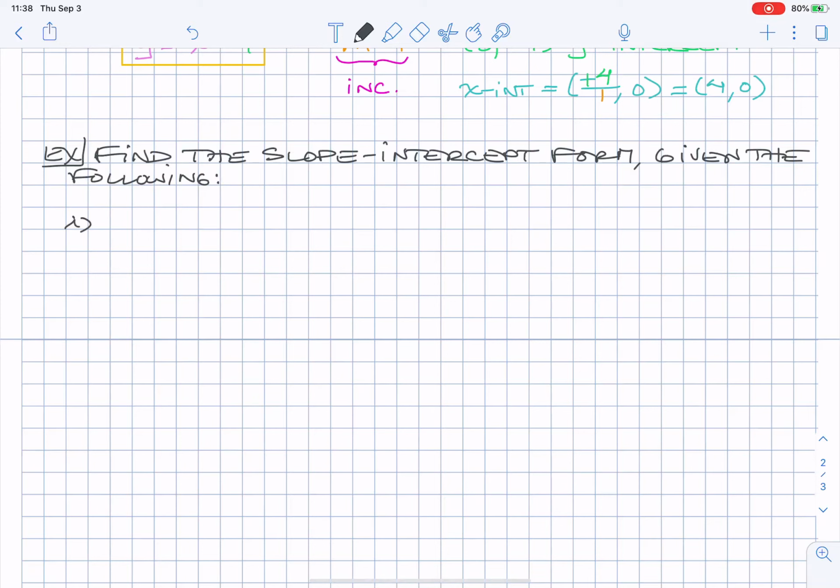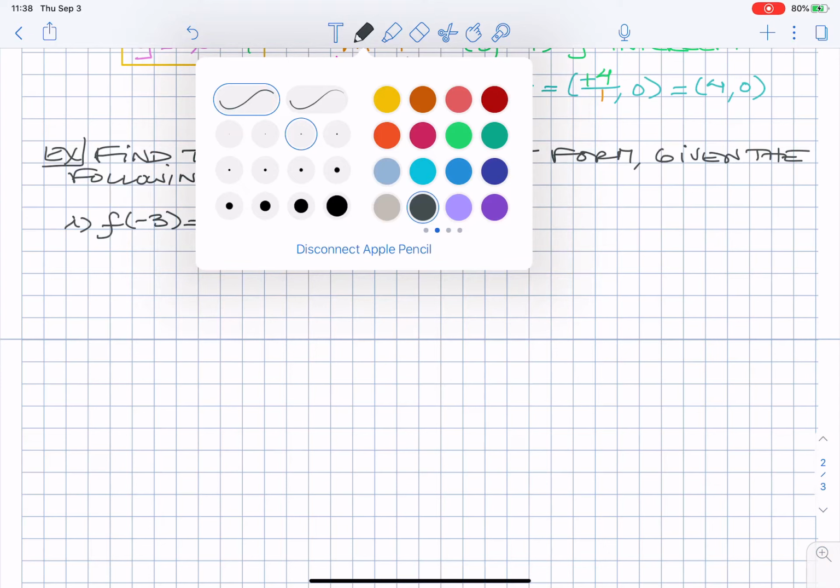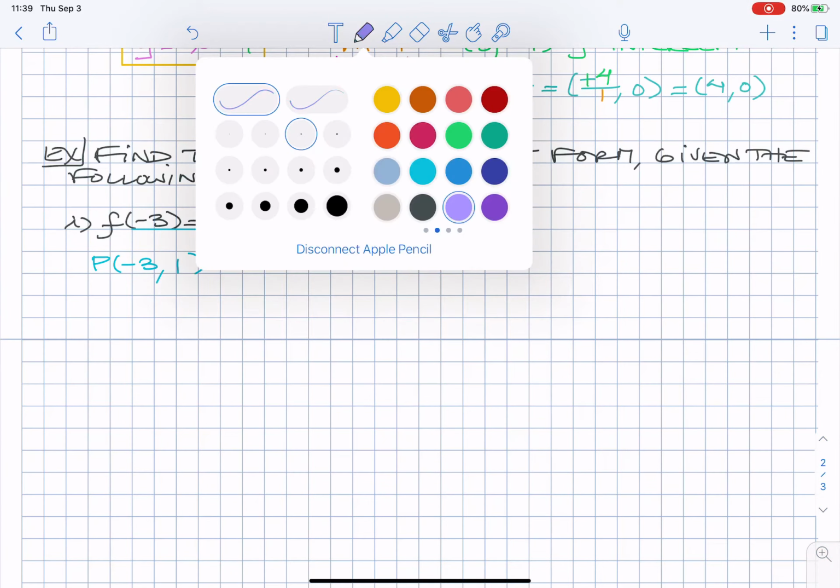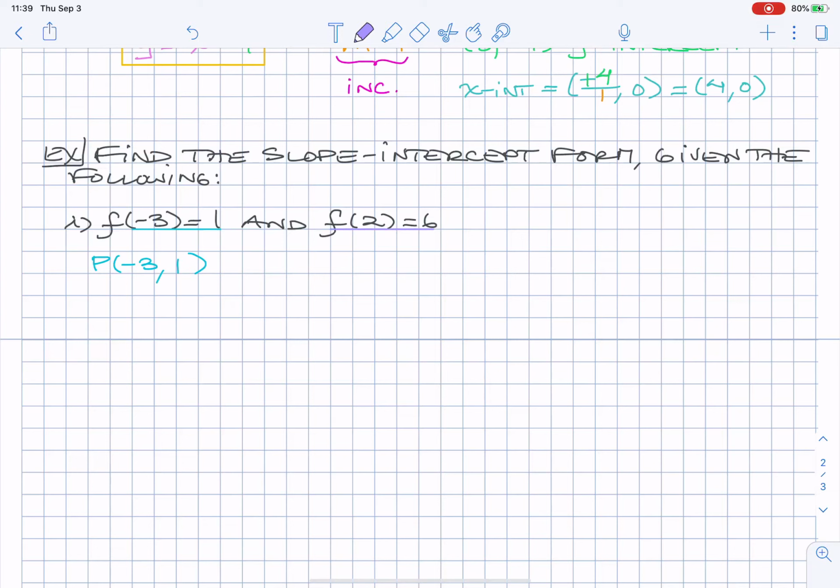Number 1, you're given that f of negative 3 is equal to 1, and f of 2 is equal to 6. So let's translate what this means. This means that point P has an x-coordinate of negative 3 and an f of x or y-coordinate of 1. This over here, point Q, has an x-coordinate of 2 and an output y-coordinate of 6.